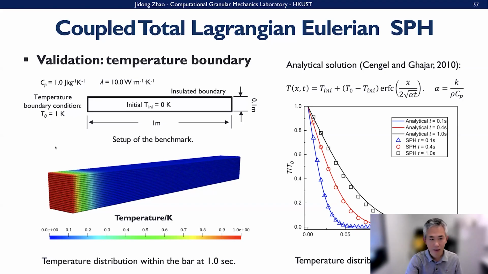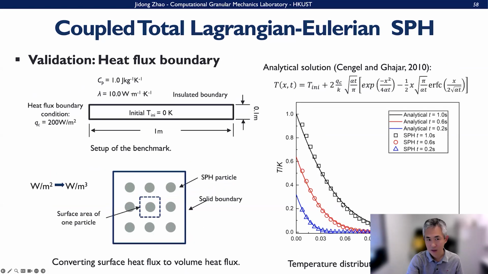In one case we set a temperature on the boundary on the left, and these are the comparisons with the analytical solution. Now we set a fixed heat flux boundary on the left here, and we further compared with another analytical solution as a benchmark.